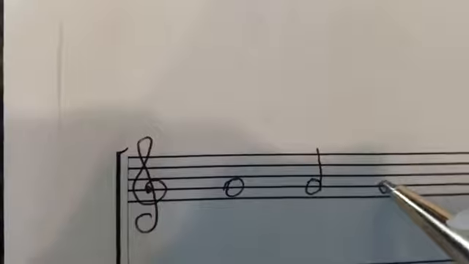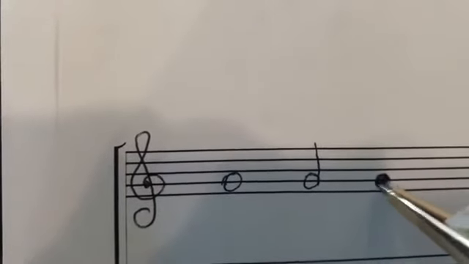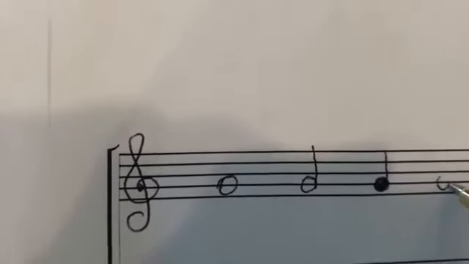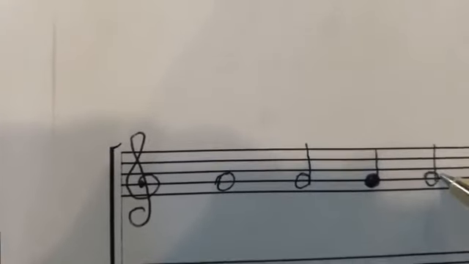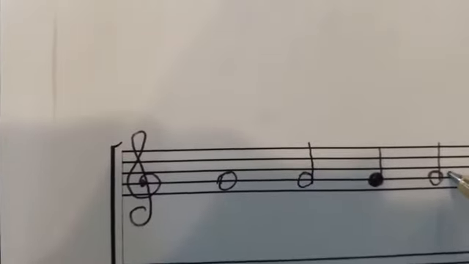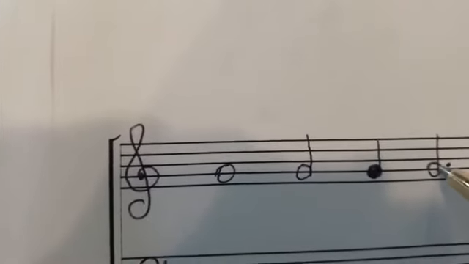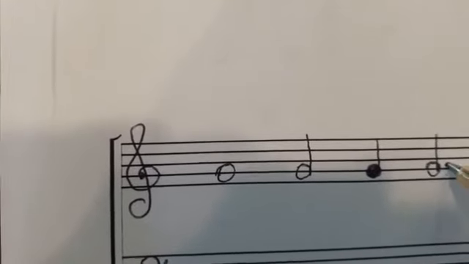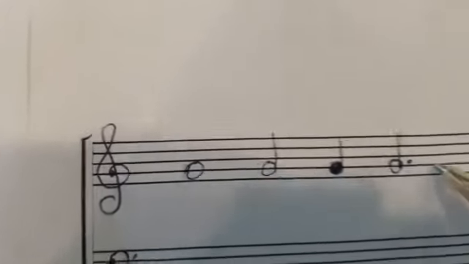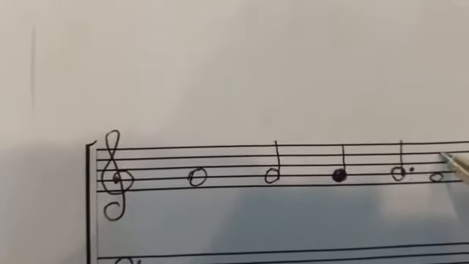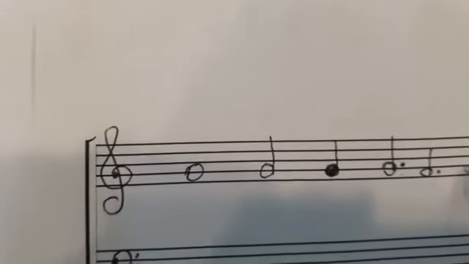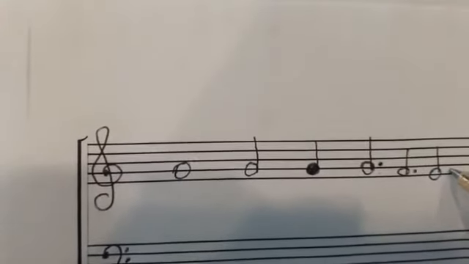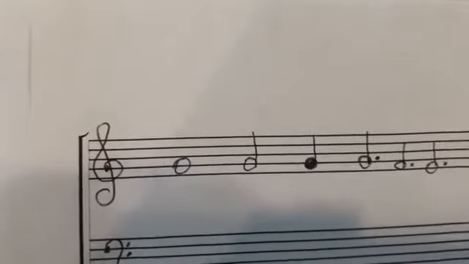Quarter note will look like this, and dotted half note will look like this, and the dot will go not below this line note but above. So in this case, this. For example, if it's a space note, the dot will go here, but if it's a line note, the dot will go right here.